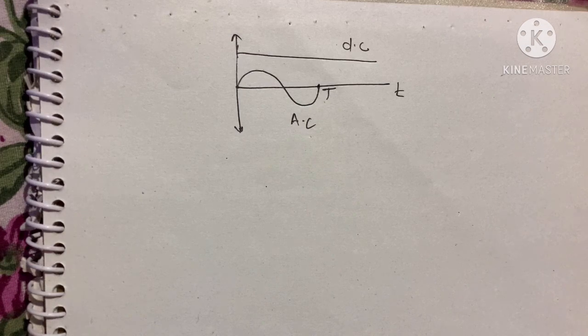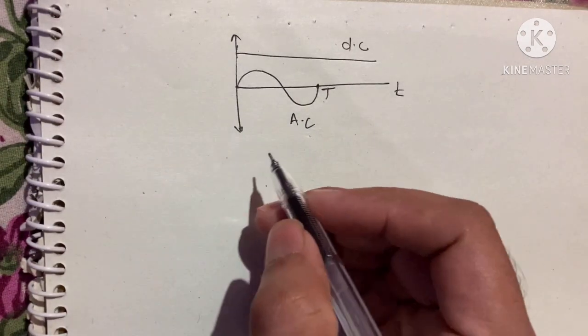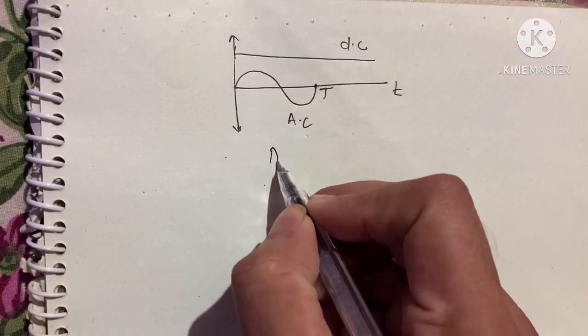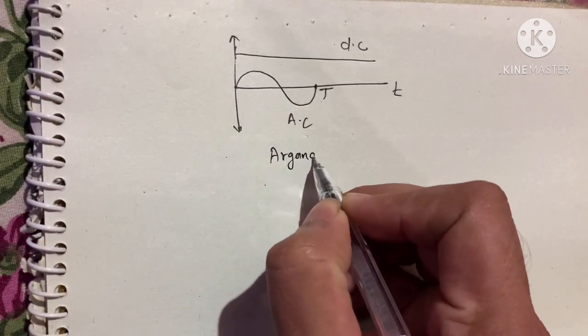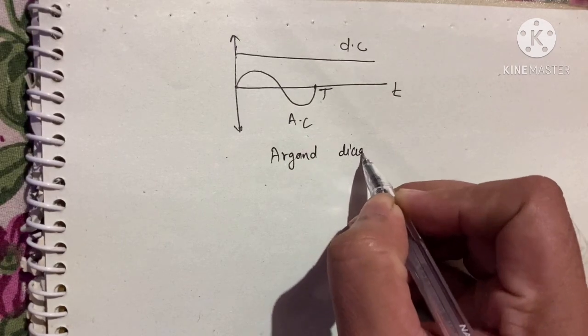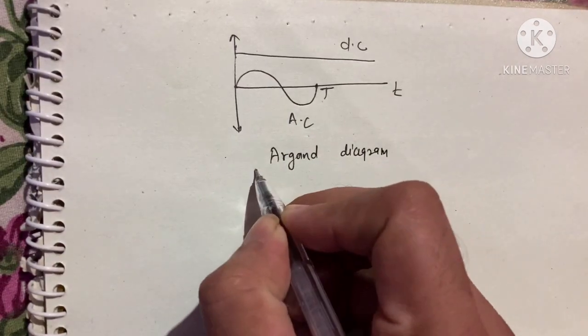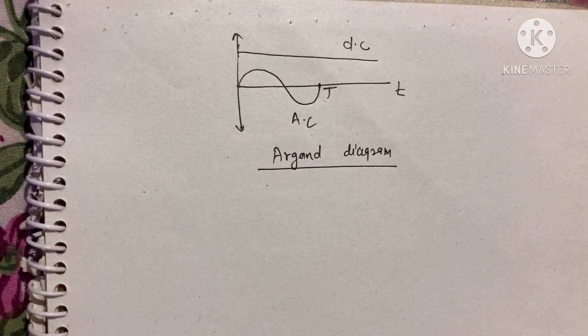This is a rotating vector, and if we take the proper phase angle between them, it's called a phasor diagram. Sometimes it's called an Argand diagram. So in the exam, if it says Argand diagram, don't get confused. It is basically the same as the phasor diagram.